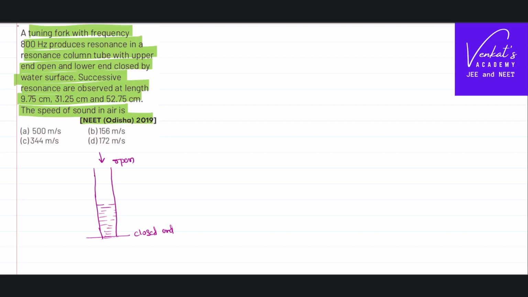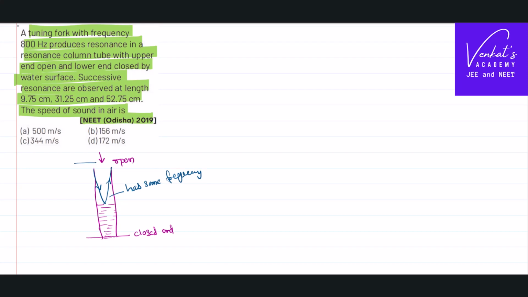When air passes into this tube, the first possible way is that it goes this way and comes back. This column of air has some frequency.